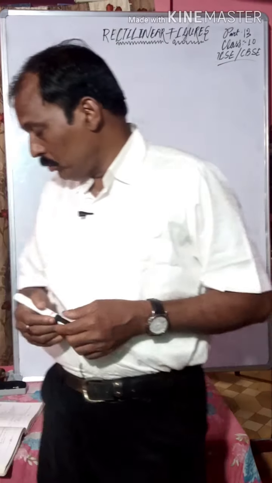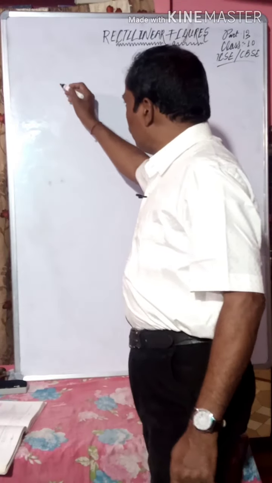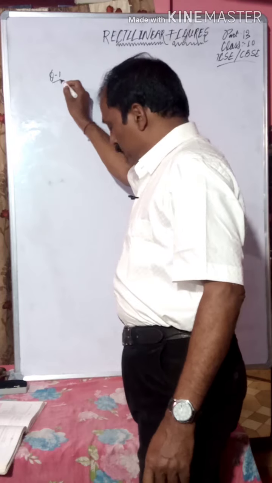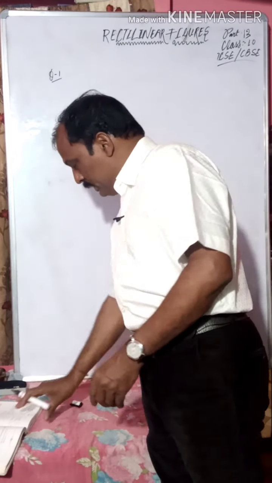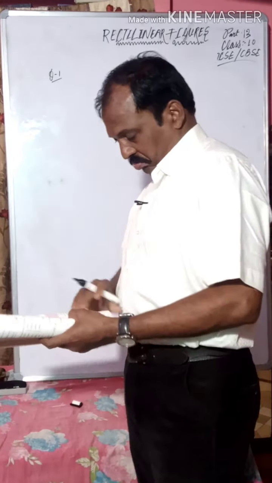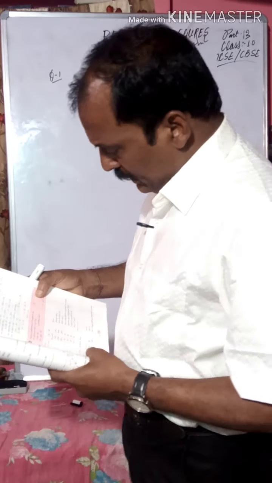Now look at example question number 1. What is the question? ABCD is a parallelogram.